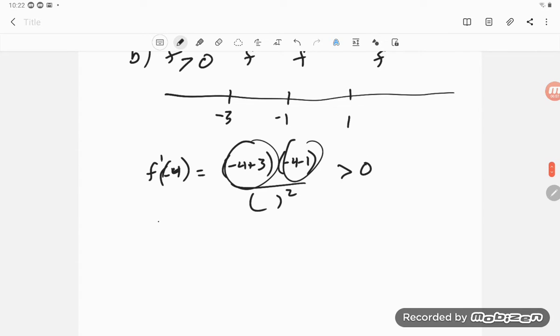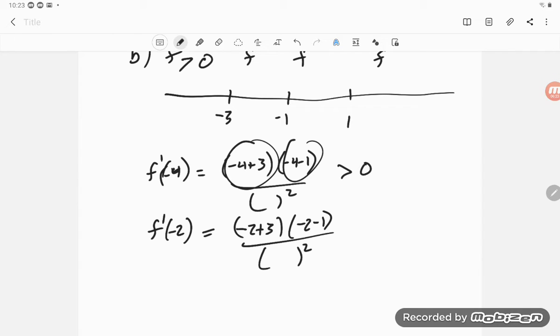Now let's try f prime of -2. Well, same sort of thing. I have the -2 plus 3 times -2 minus 1, and over something squared. That is positive, the other part's negative, so this is less than 0.